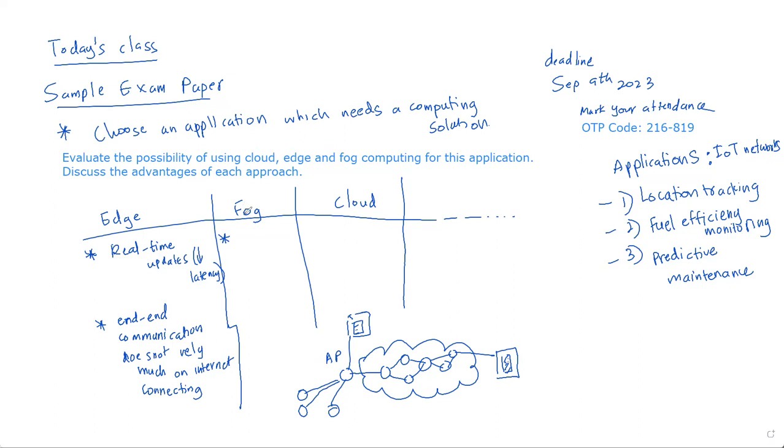Then fog computing is done at an intermediate location. So the processing can happen in an intermediate location, right? Apart from that, this happens at a server which has a lot of resources to do the computing.